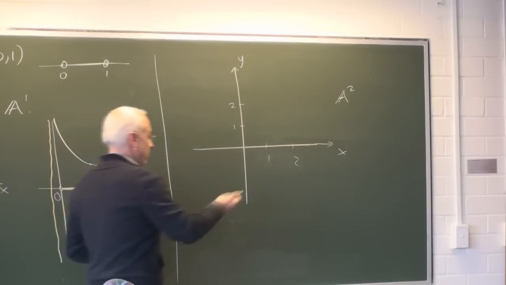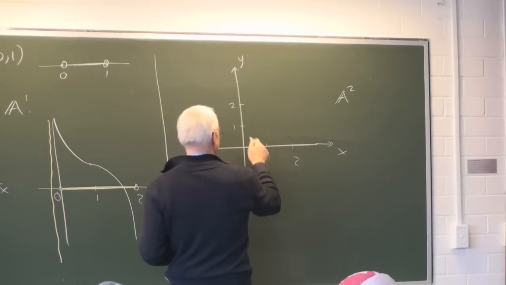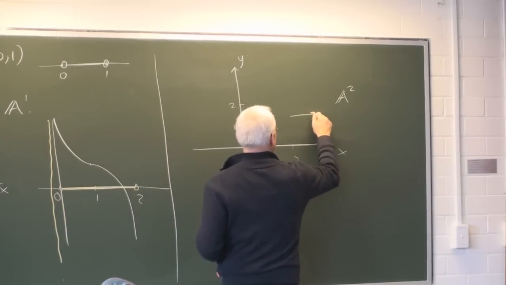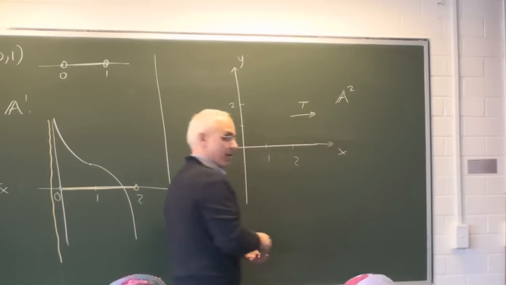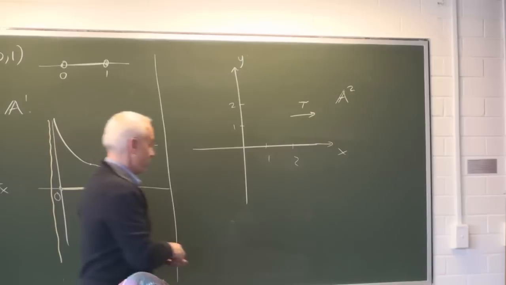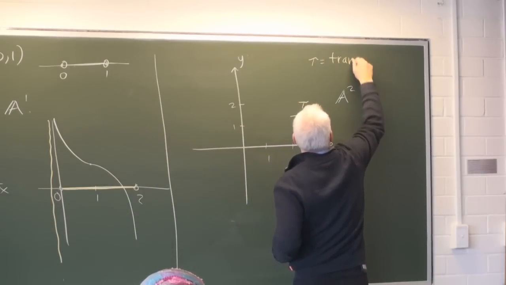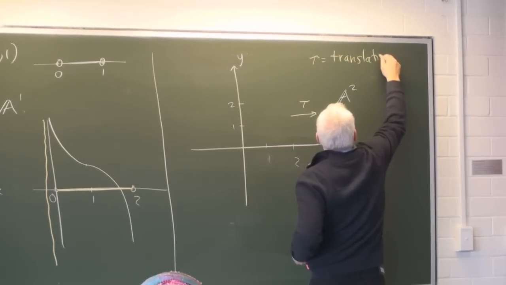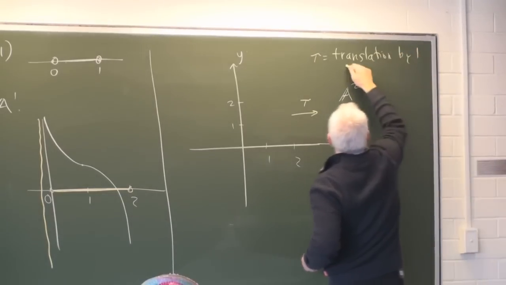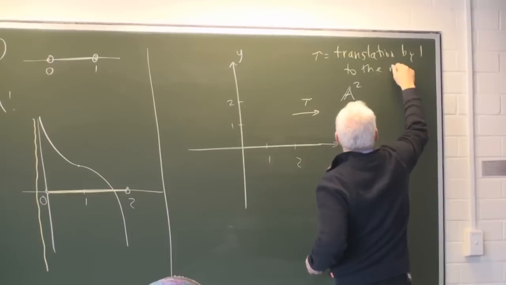Translation, say, to the right by 1. So let's call that tau. All right? We've seen that map before. So tau is translation by 1 to the right.